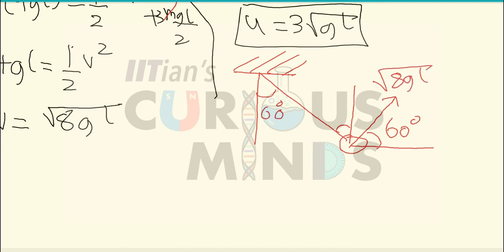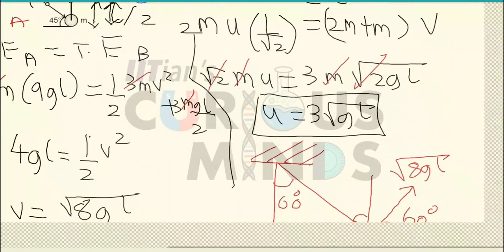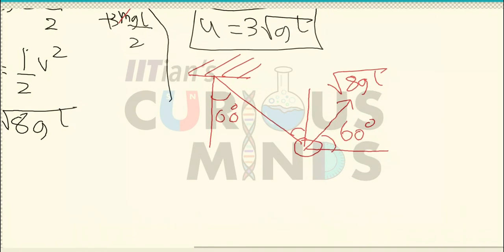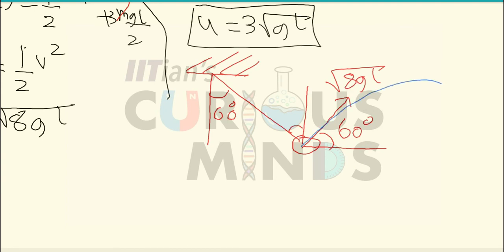If you read the question, they have asked what the velocity will be at the highest point of the trajectory. If I draw this trajectory, at the highest point the velocity will only be horizontal.